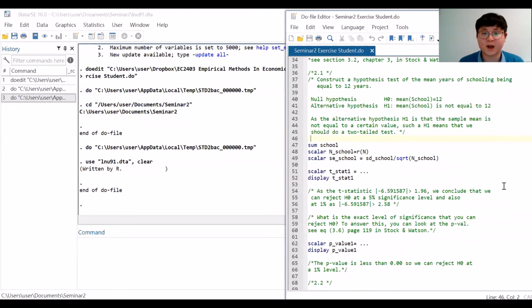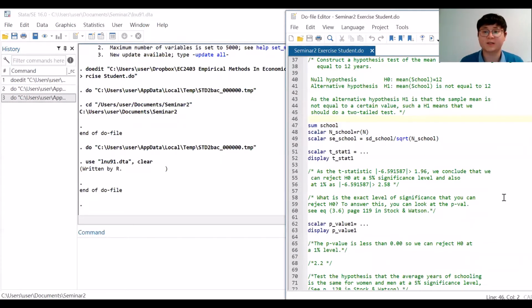So actually how we do it is similar to when we construct a confidence interval. We need to calculate the standard error first and also get the number of observations.